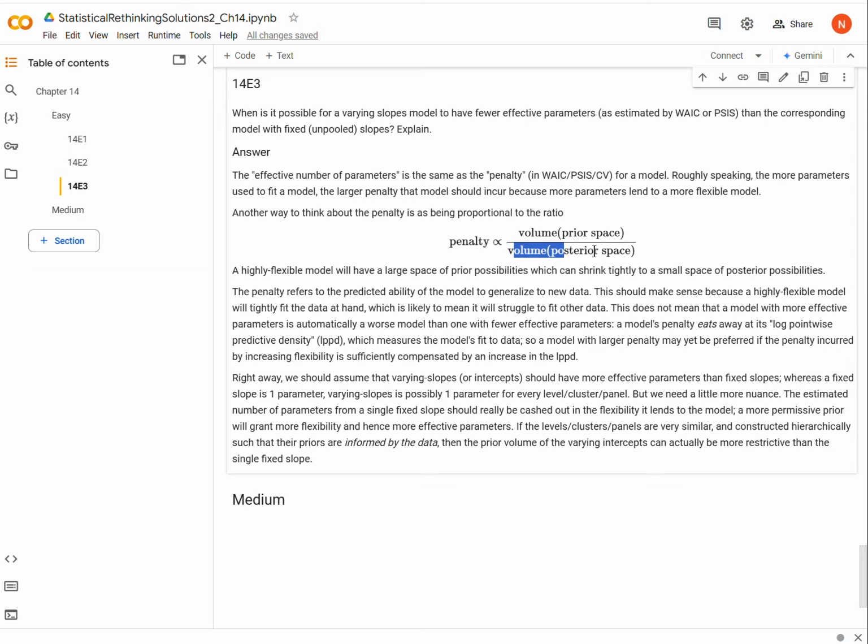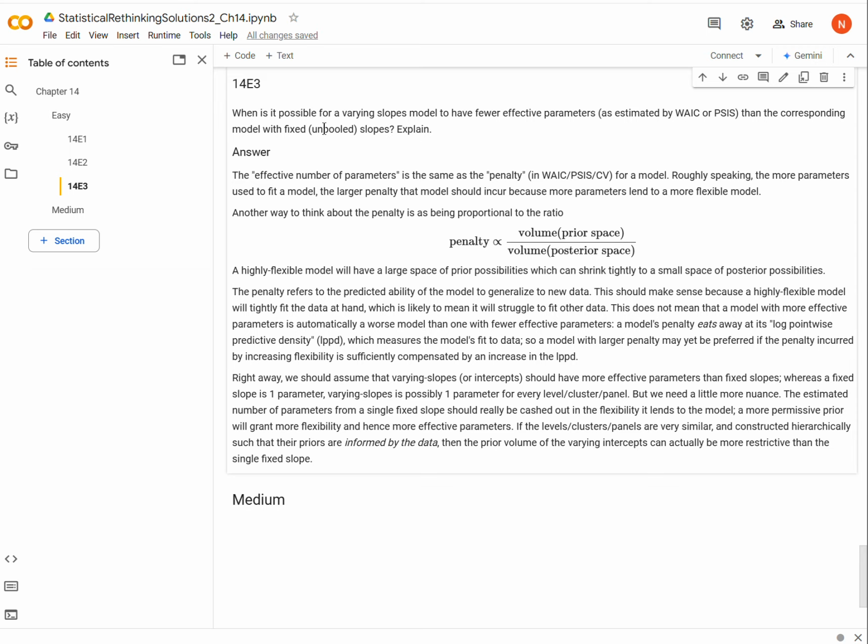So your posterior space will be very small. A large prior space and a small posterior space indicates a greater likelihood of overfitting. You can think your way through that a little bit. Anyway, getting back on track now.